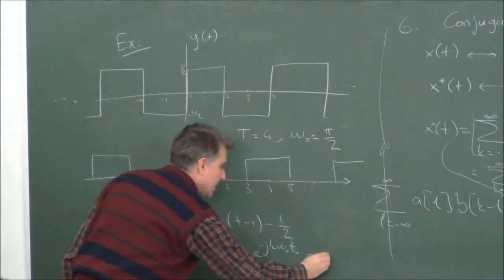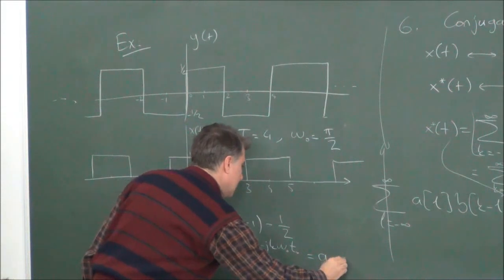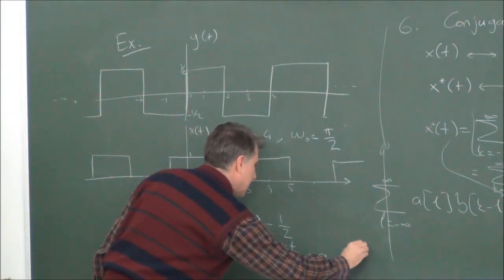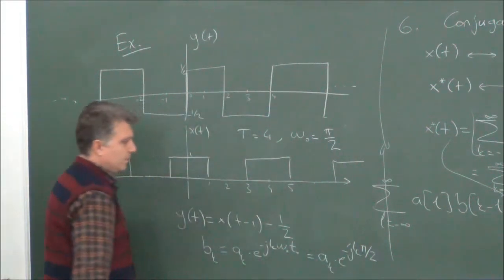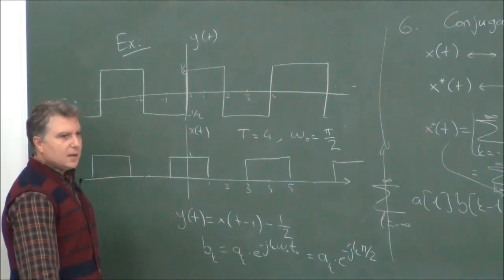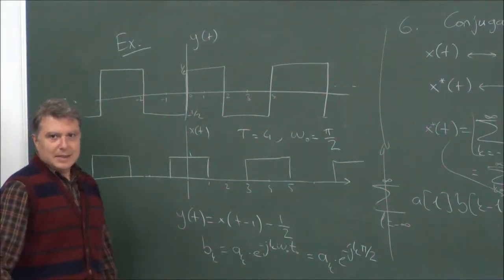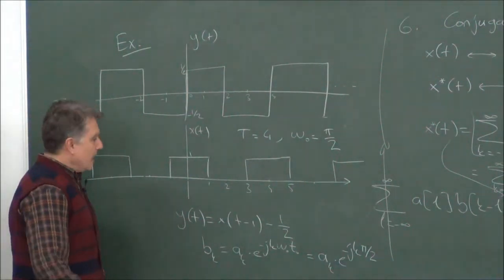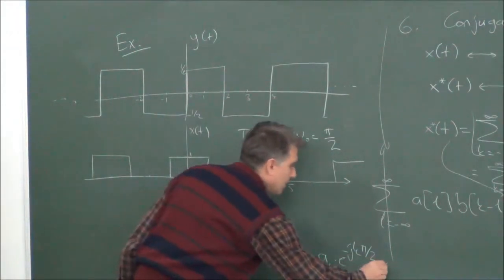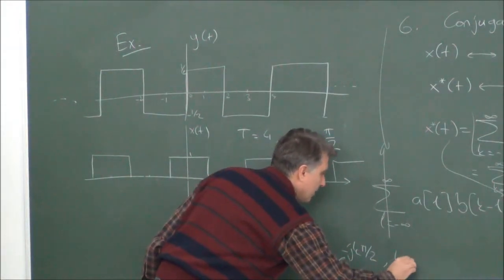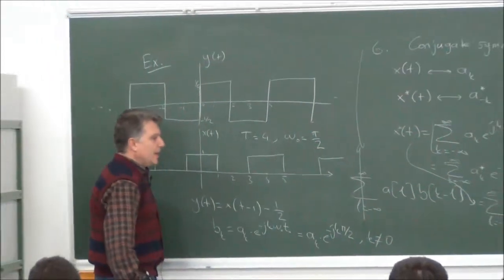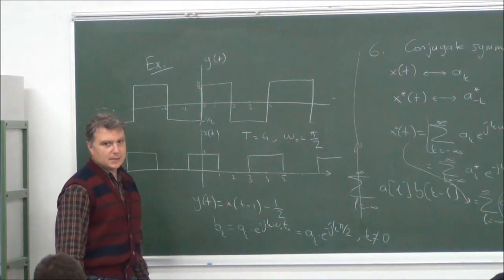So that would make ak times e to the minus jk pi over 2. That's it. The answer, the end. Except for k equal to 0. When k is not equal to 0, this is the answer.